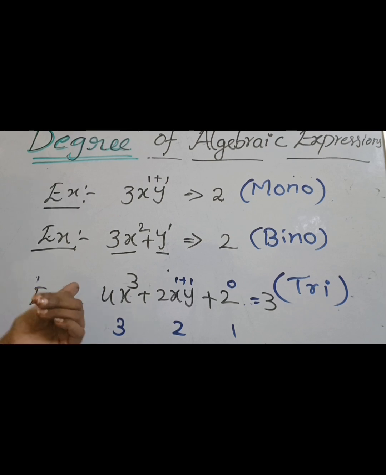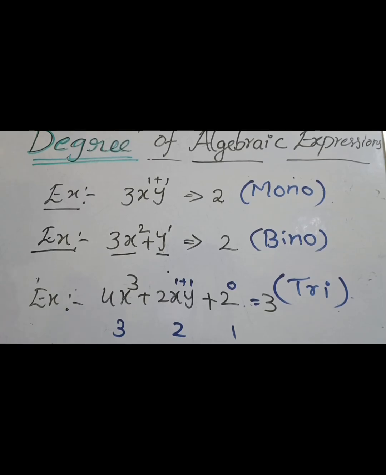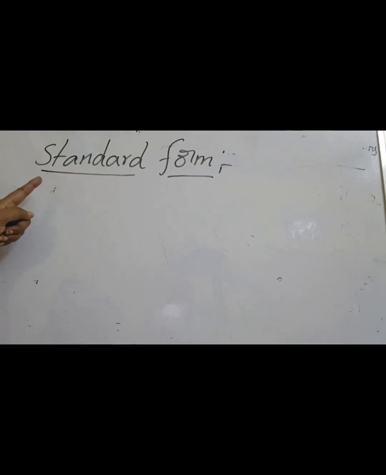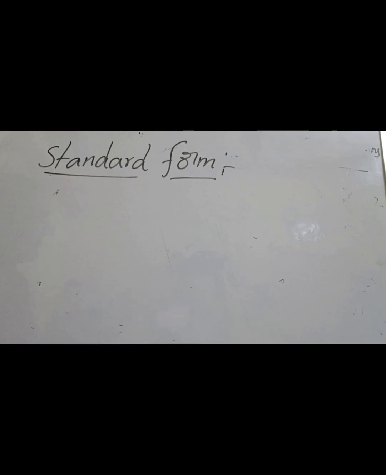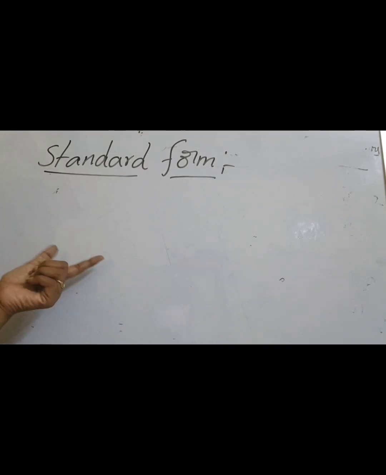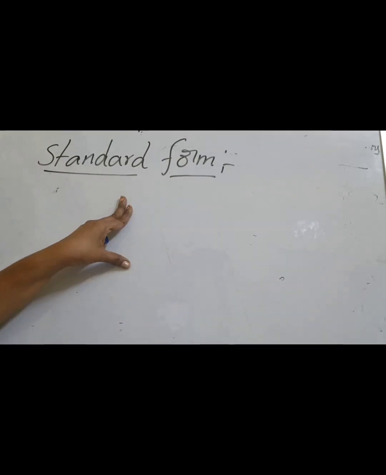Till now everyone understood, right? Next let us see another concept: the standard form of an algebraic expression. What is the standard form? If the terms are arranged in descending order, then we can say it is in standard form.